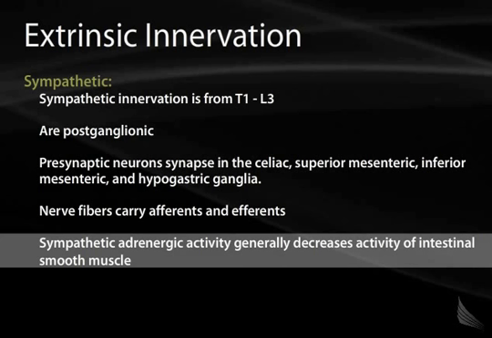GI blood flow is very important clinically, because any lack of blood flow can cause intense pain. This is manifest clinically by pain which is out of all proportion to symptoms.